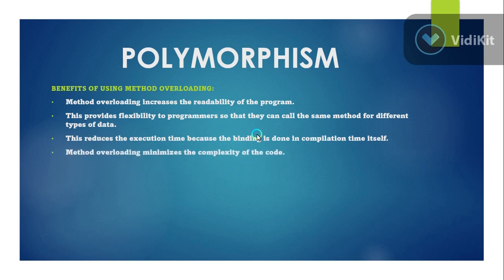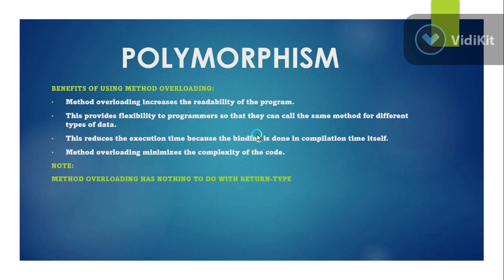Method overloading minimizes the complexity of the code. So what are the benefits? It increases readability, provides flexibility, reduces the execution time and minimizes the complexity of the code.